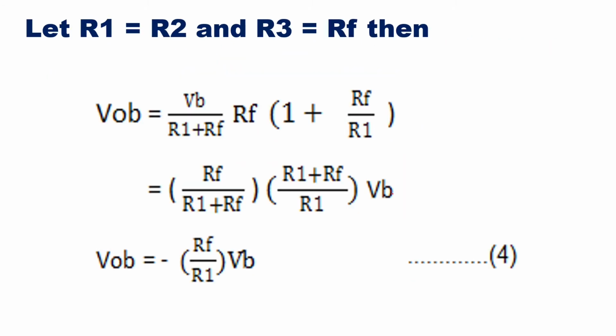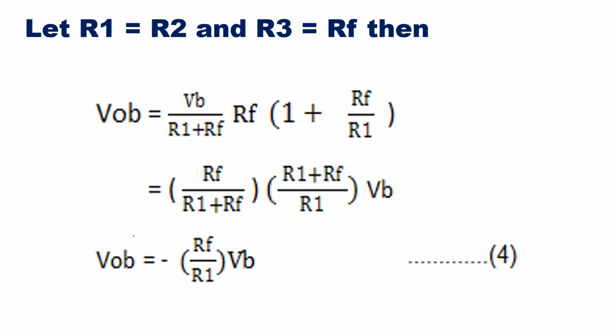Now let R1 be equal to R2 and R3 be equal to RF. Then if you substitute them, we get VOB equal to VB upon R1 plus RF into RF into 1 plus RF upon R1. Then 1 plus RF upon R1 is equal to R1 plus RF upon R1, into VB.